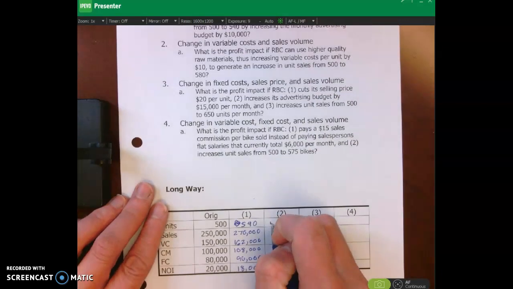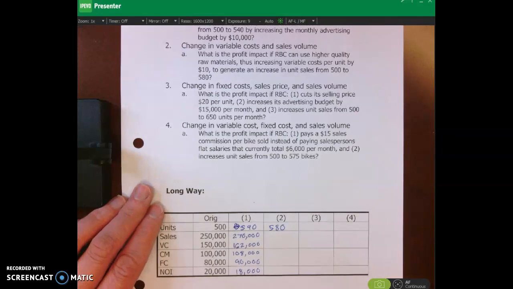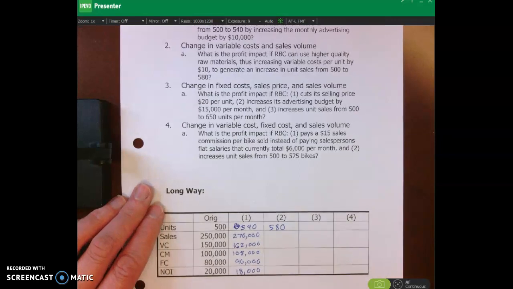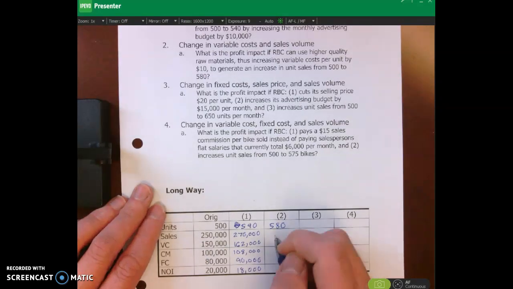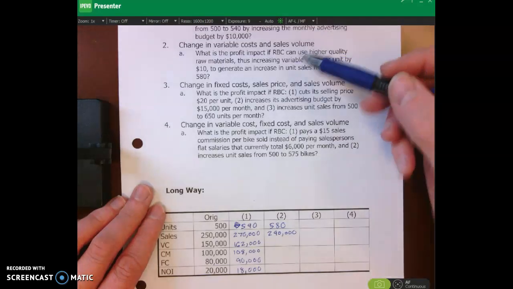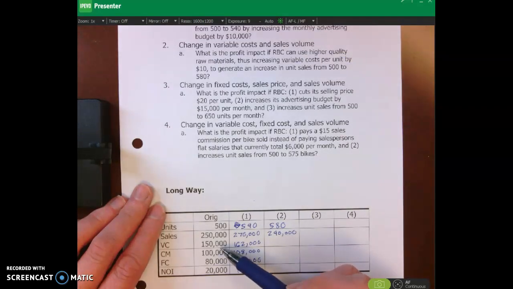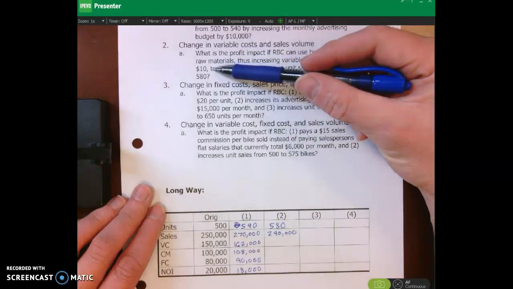So now I put 580 right here. I'm not told anything about the selling price changing, so it stays the same at $500 from our baseline scenario. 580 times our 500 gives us our 290. Now, our original variable expenses per unit is 300, but we're told we increased it by $10.